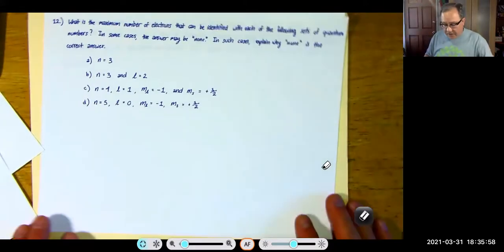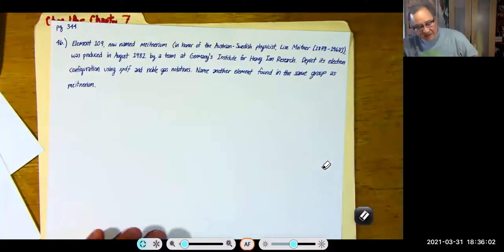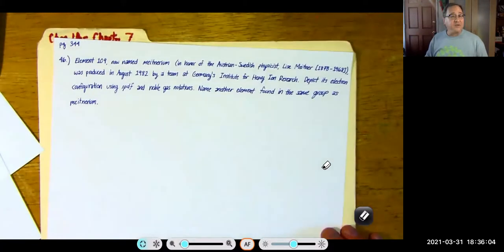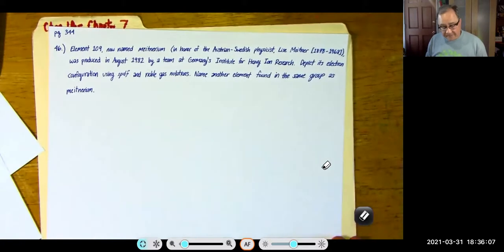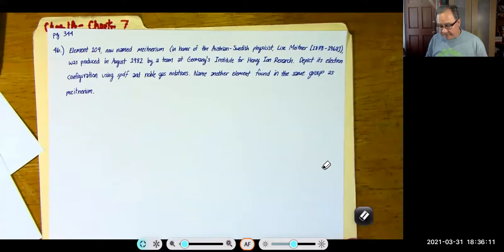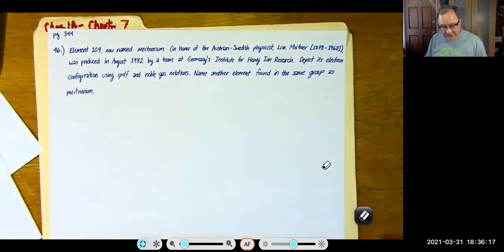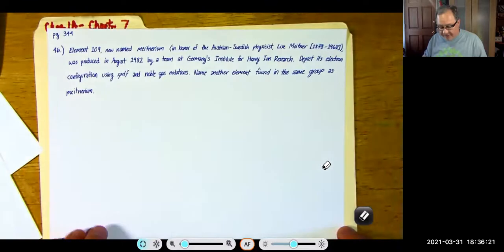So here's number 12. Oh, this is not a good one. Here's number 46: element 109, now named meitnerium, was produced in Germany. What is the electron configuration using spdf and noble gas?